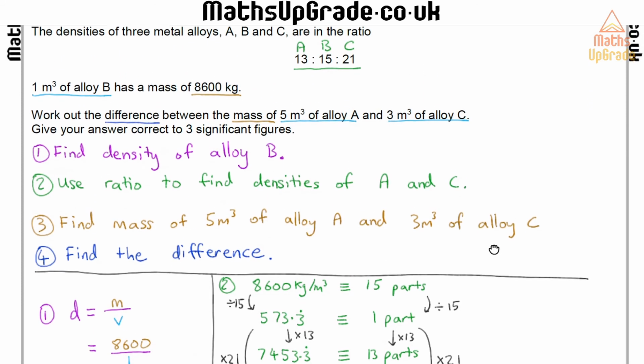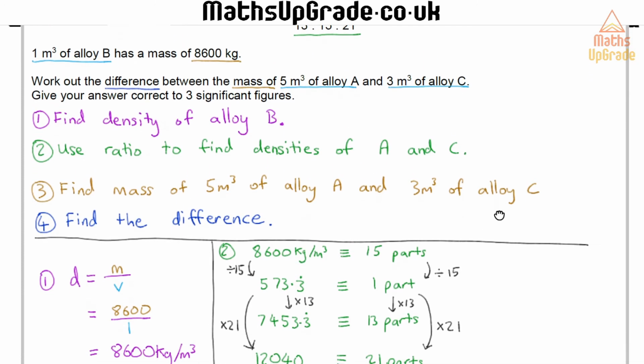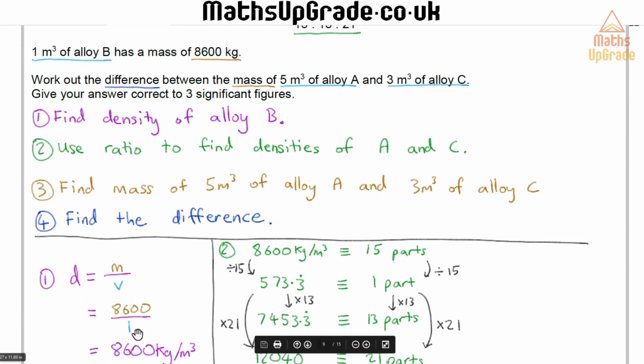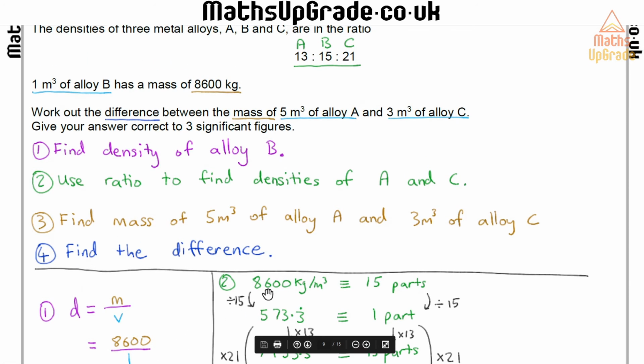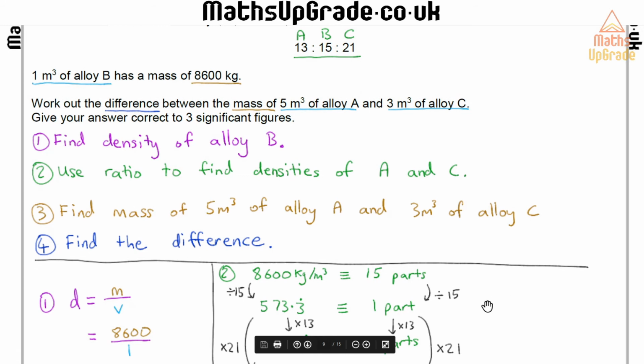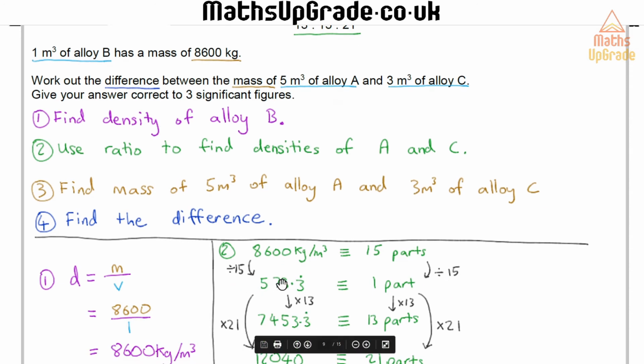Since I know from what I've worked out in the first part, 8,600 kilograms per meter cubed is equivalent to 15 parts. To work out how much one part is worth, I'm going to divide both sides of this equivalency by 15. Dividing both by 15, I'll get 573.3.